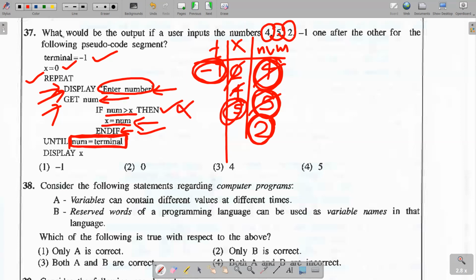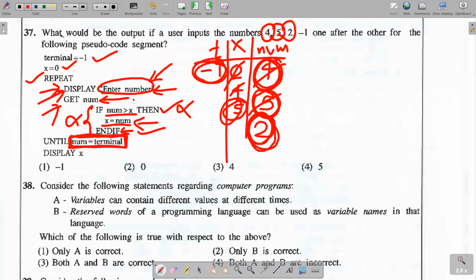So this is wrong. It is wrong means the code inside is not going to run. And now it checks whether num equals the terminal. Num is not equal to the terminal. Still num is 2 and terminal is -1. So that means it goes up and repeats.